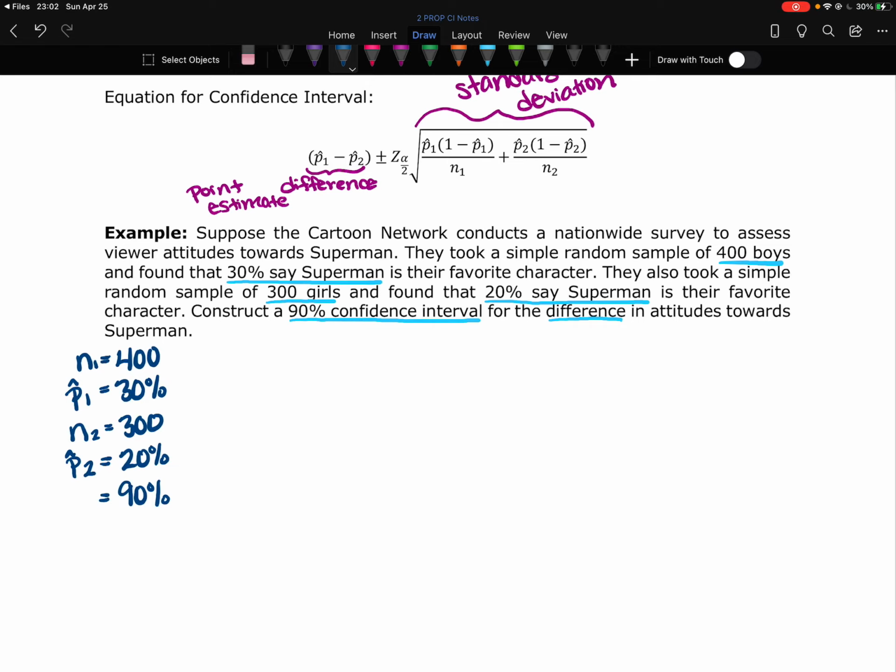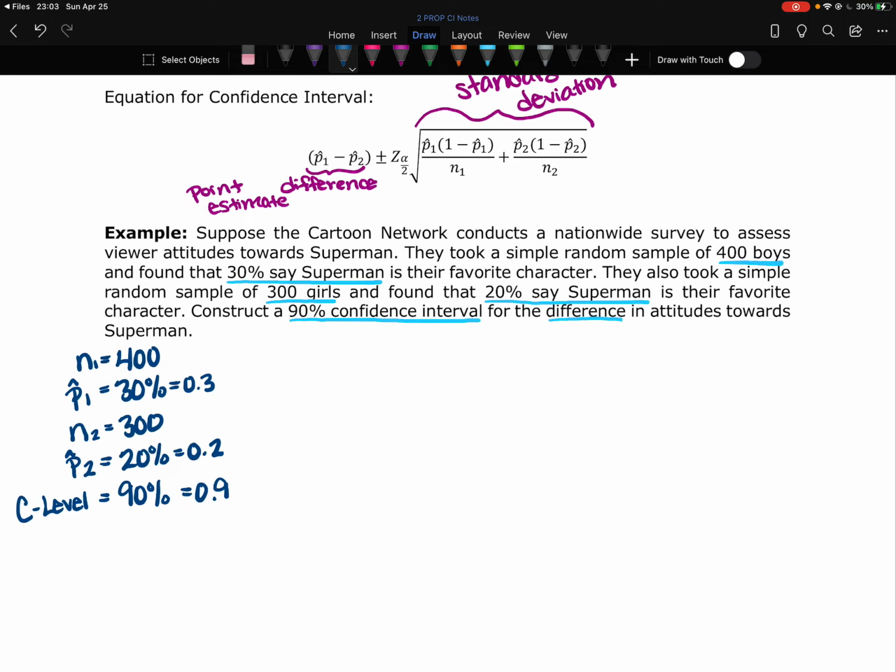And then finally, 90% is the confidence interval that we're being asked to do. So that's our confidence level, or our C level for short. Now I'm going to rewrite all of these percentages as decimals, because I'm going to need to do that anyways.